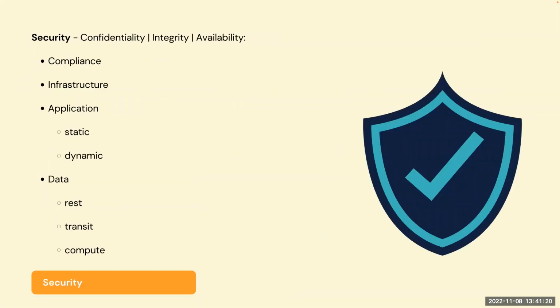So when it comes to security, usually there are 3 things: confidentiality, integrity, and availability. You have to take care of these 3 things. But beside that, when it comes to infrastructure and your software, there is the compliance, if you want to be PCI compliant or SOC 2 or FedRAMP, NIST compliant.